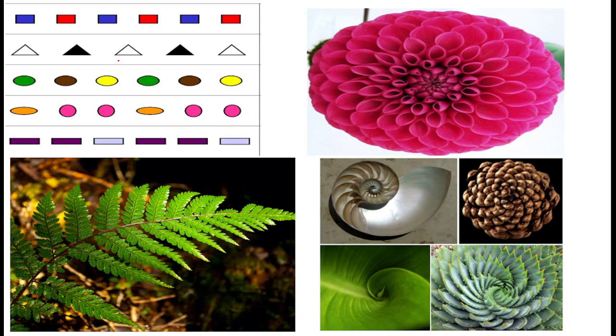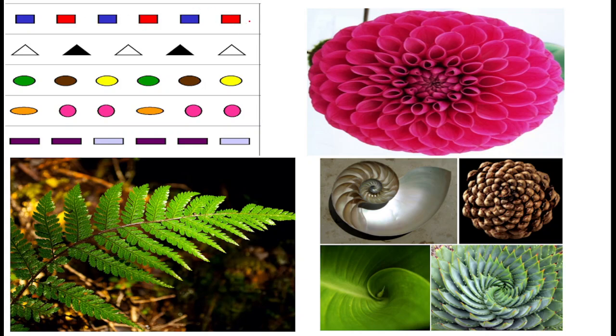Yes, you can see the four pictures here: picture 1, picture 2, picture 3 and picture 4. See picture 1. There you can see a pattern in some figures, isn't it? The mathematical figure you can see there has a pattern. There is a rectangle of blue color, red color, blue color, red color, blue color, red color.